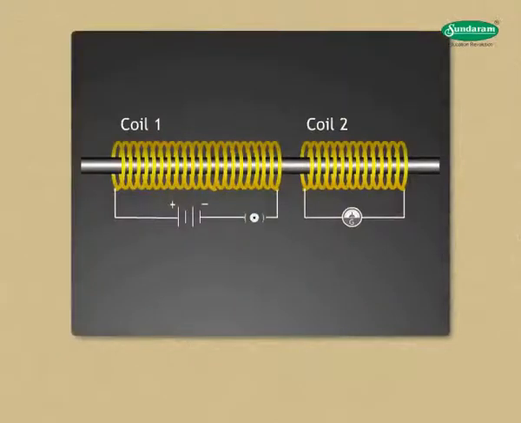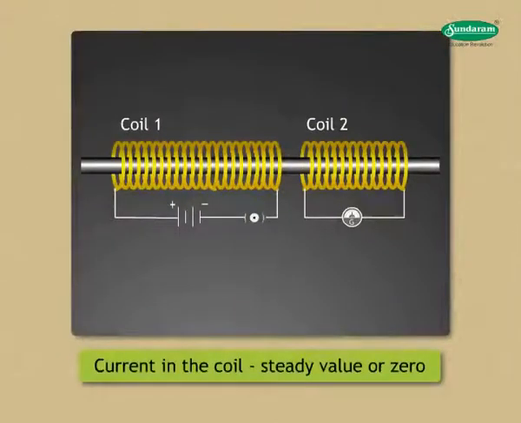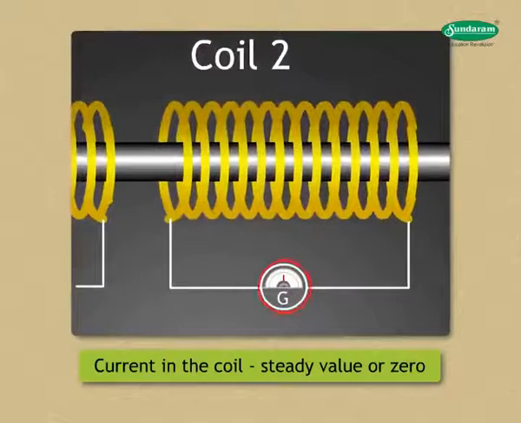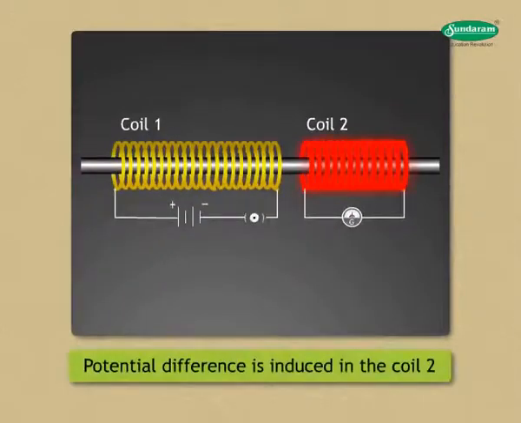Here it is seen that if the current in the coil reaches either steady value or zero, the galvanometer connected to coil 2 shows no deflection. Thus, potential difference is induced in the coil 2 whenever the electric current through coil 1 is changing.